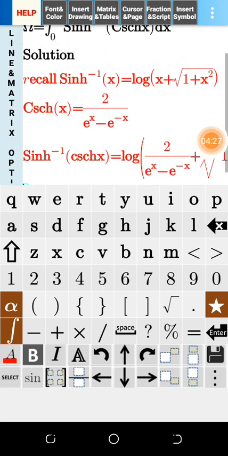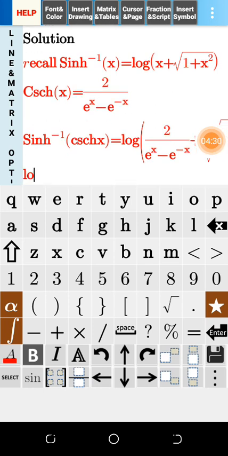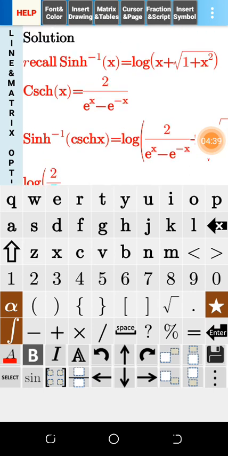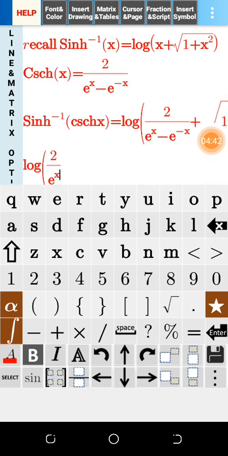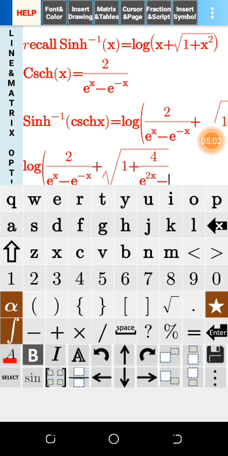So our next answer is log of 2 over e raised to the power of x minus e raised to the power of minus x, plus root of 1 plus 4 over e raised to the power of 2x minus 2 plus e raised to the power of minus 2x.